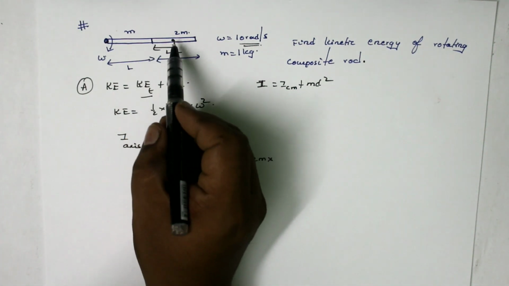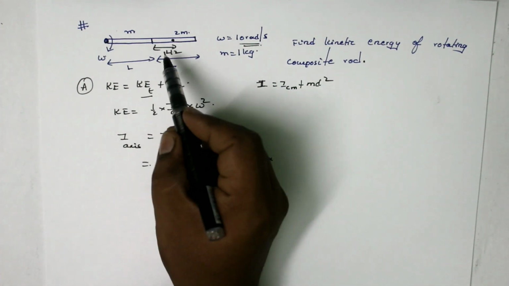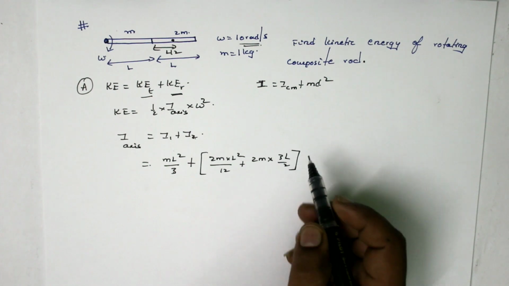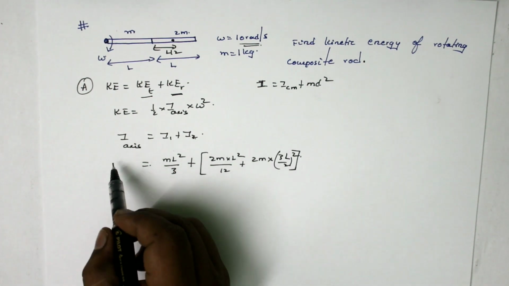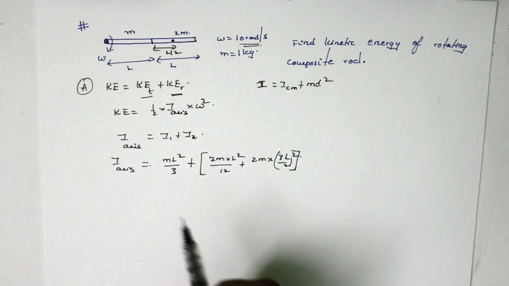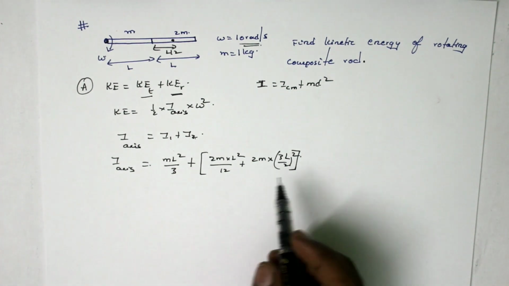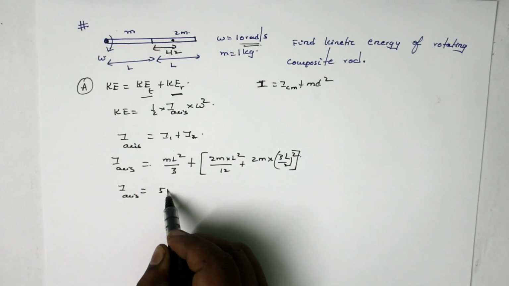What is d in this condition? The distance between the two axes, which is L plus L by 2, that is 3L divided by 2, whole square. So this is the moment of inertia of both the rods around the axis of rotation. Now if I do all this calculation, I get I axis equal to 5 mL square.